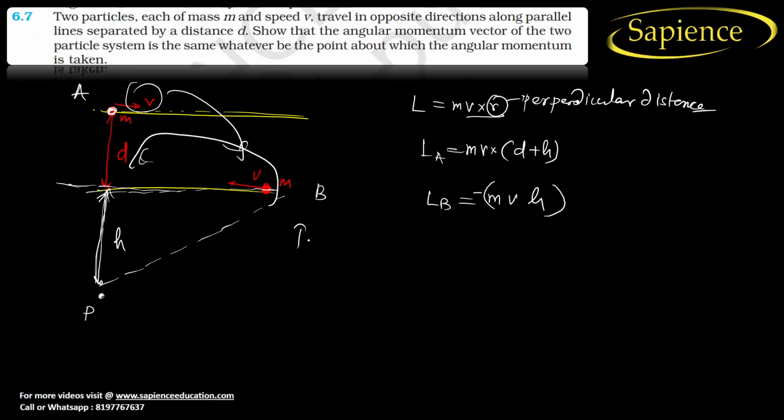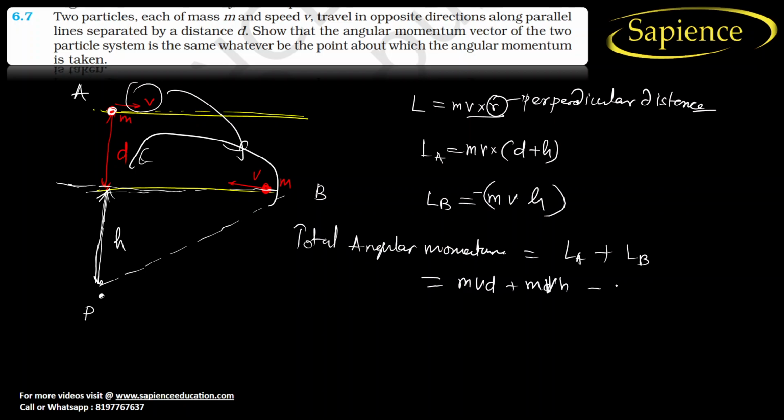So the total angular momentum is equal to L_A plus L_B. By using this, m v d plus m v h, minus m v h, so this m v h got cancelled.